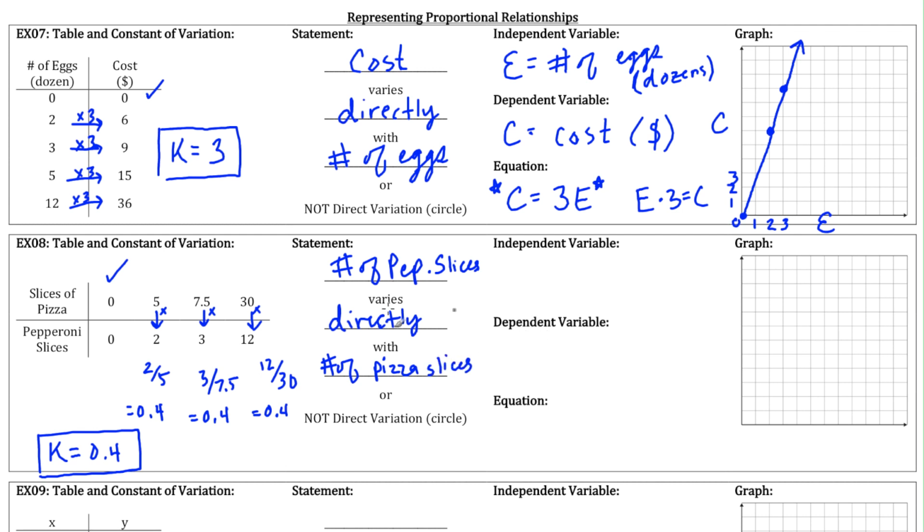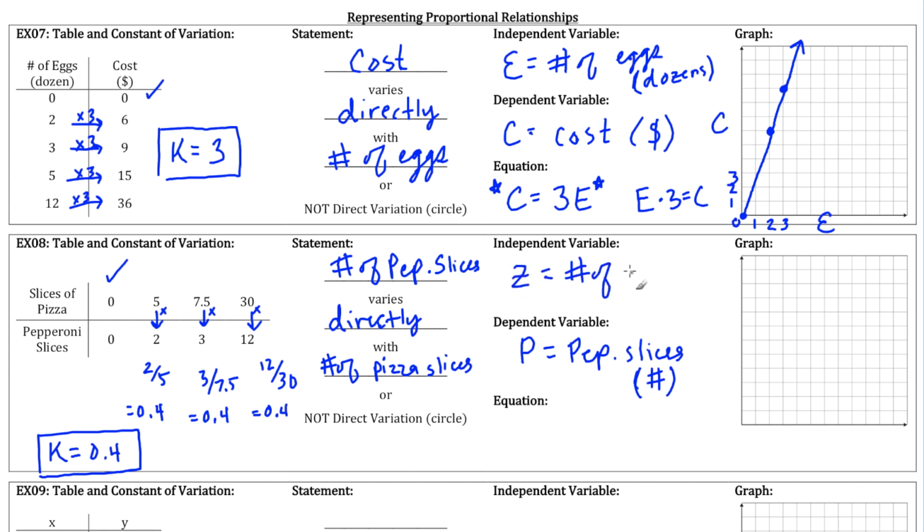So our dependent variable is the number of pepperoni slices. So I'll put P for pep slices, the number of. And that will depend on the number of pizzas. So we'll put Z for pizzas.